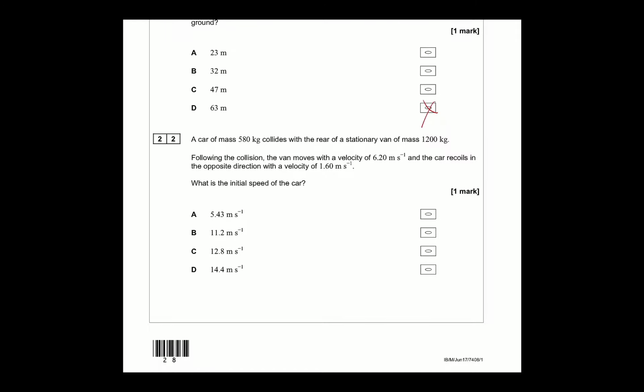So what we have is that 6.2 times 1,200 plus negative 1.6 times 580 is going to be equal to the momentum beforehand, which is going to be velocity times 580.